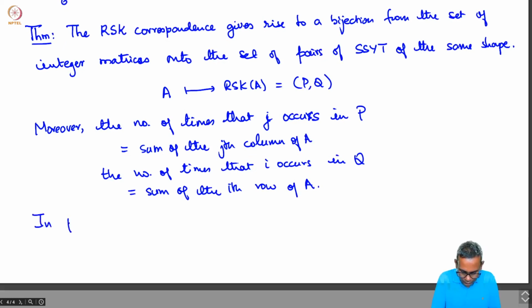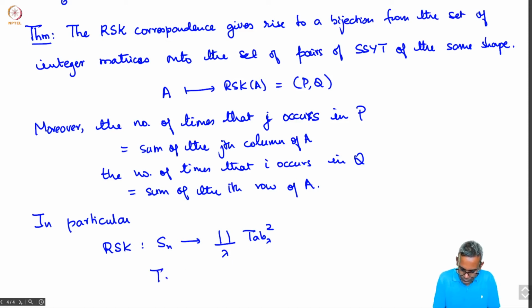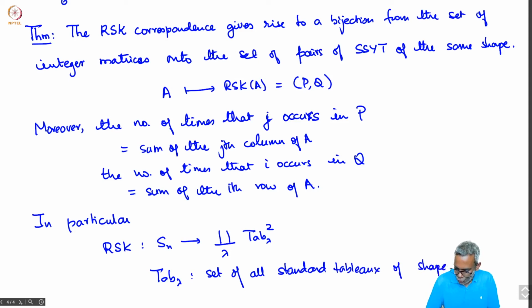So in particular, the RSK gives rise to a bijection from S_n to the union over all lambda of Tab(lambda) squared, where Tab(lambda) denotes the set of all standard tableaux of shape lambda, where lambda runs over all partitions of n.